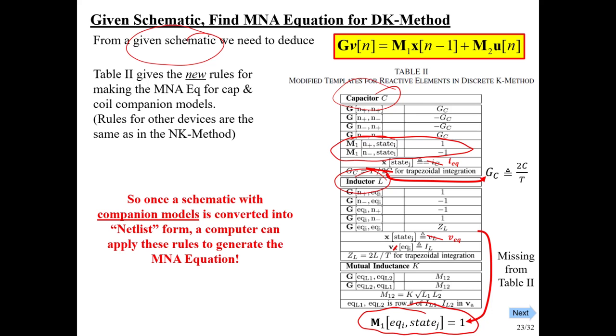That's the way that I like to do it. I've also changed a few things here. I wrote IEQ instead of IC. I wrote VEQ instead of VL. I don't know where this V sub A comes from, so I just got rid of the A. It's the V vector that we were talking about before.